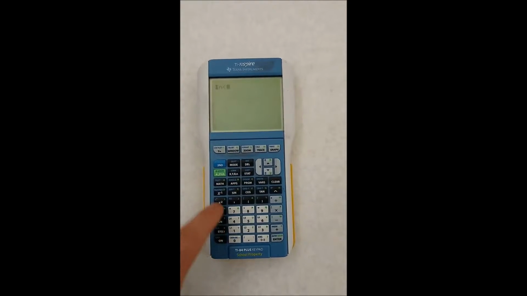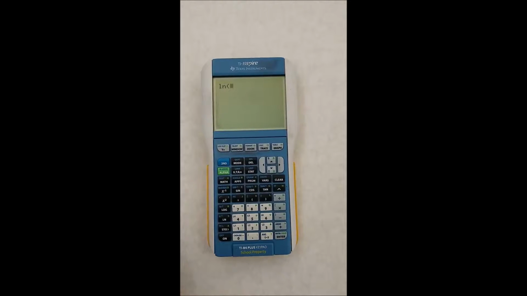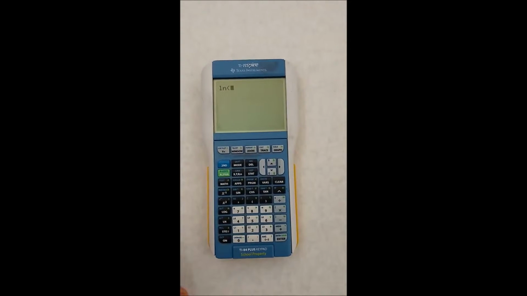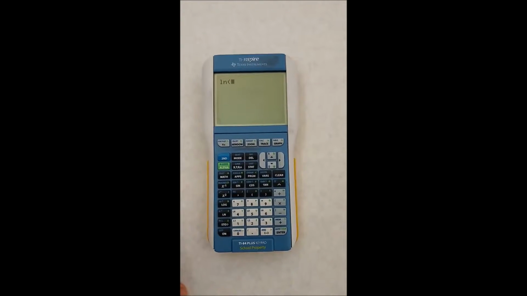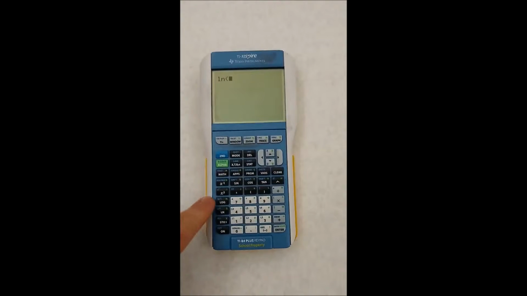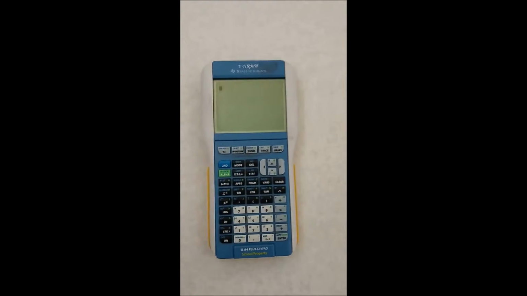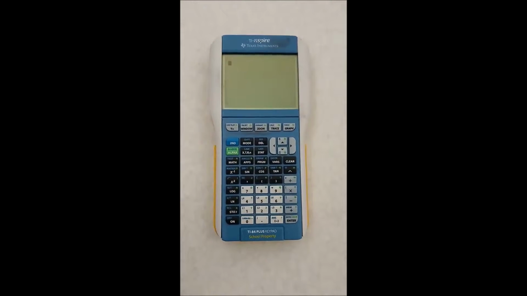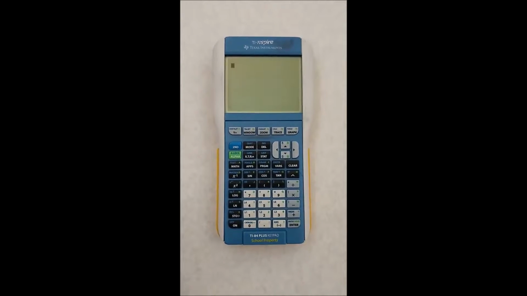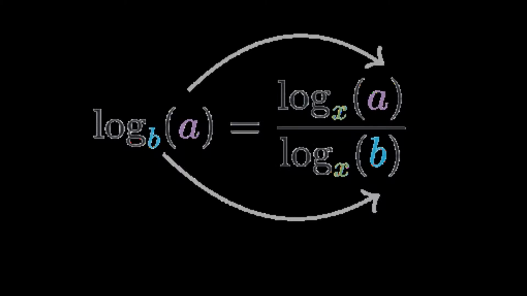The one underneath it, ln, stands for natural log, and that's log base e. So if you have log base e or log base 10, you can use these buttons. If you have any other log, it's kind of confusing to know what to do. You're certainly welcome to use the change of base formula, as I mentioned in the video already.